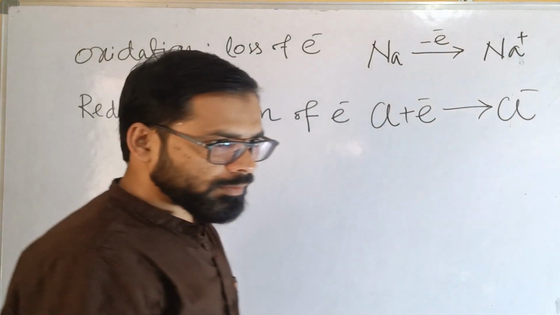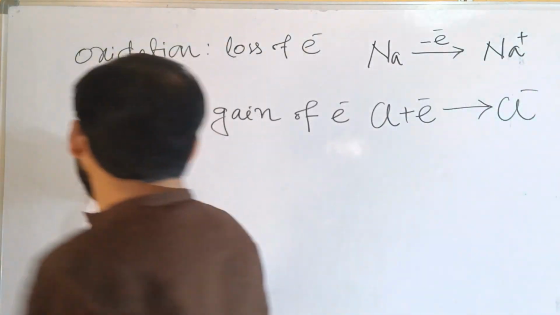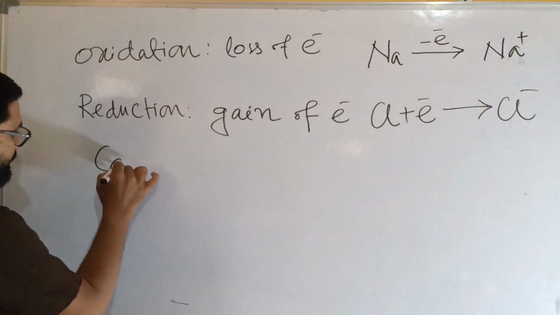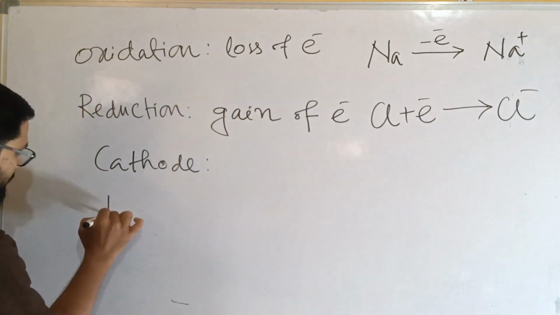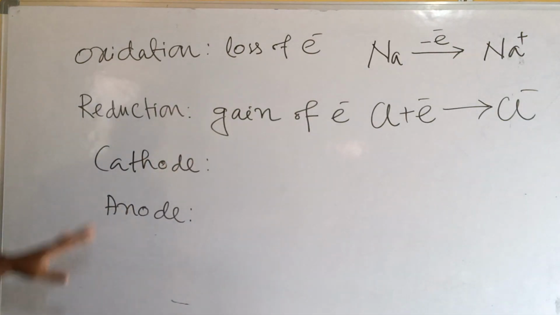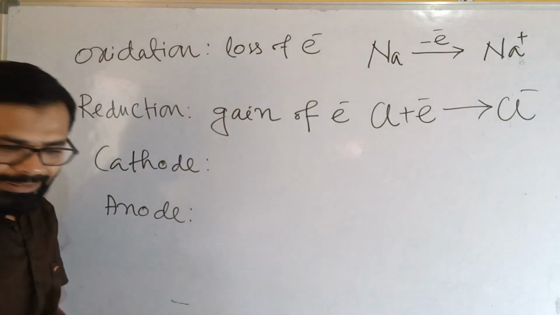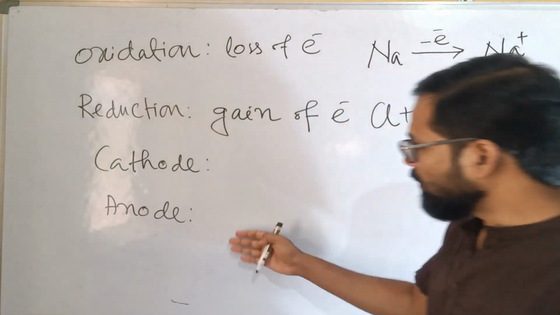Other terms we also use in the galvanic cell are cathode and anode. Both are electrodes. An electrode is basically the surface for electron flow.